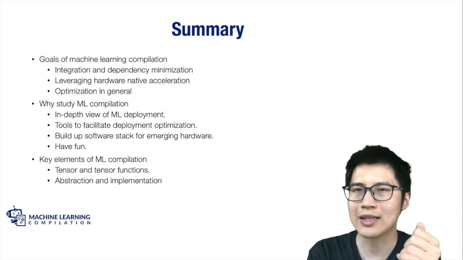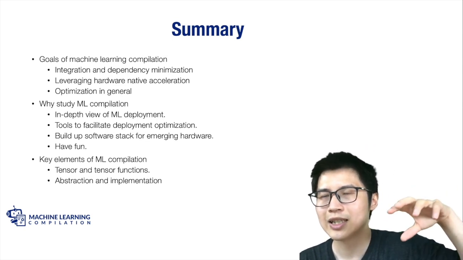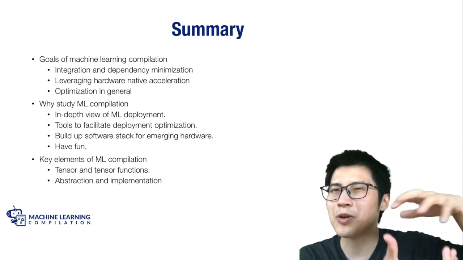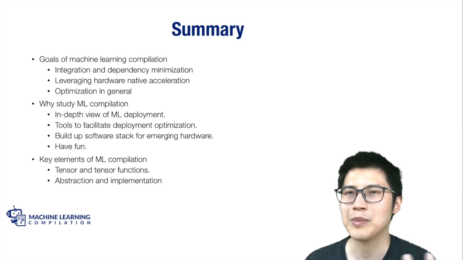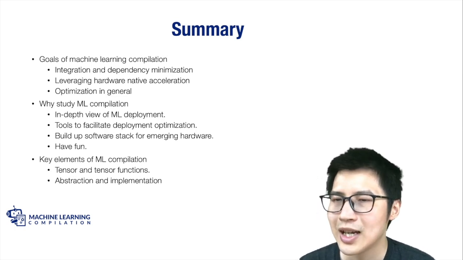Throughout this process, we get to an implementation, or a more detailed abstraction, that can run on the deployment platform, and finally give us a deployment form that is more effective, with dependencies minimized, and leverages the hardware native accelerations.